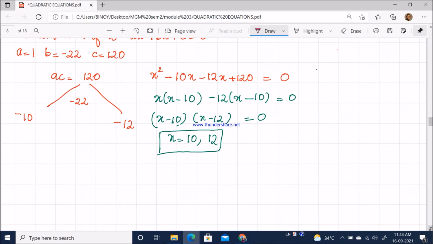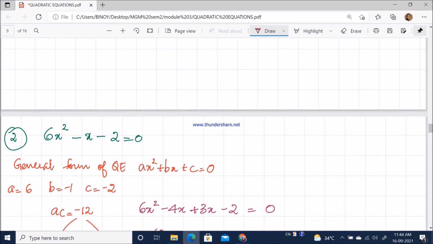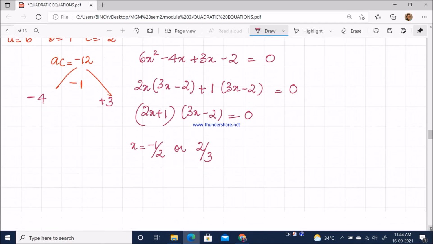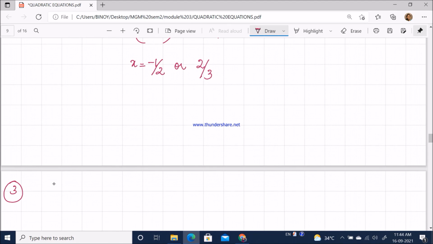So the third question was 30x square minus 7x minus 15 equal to 0.